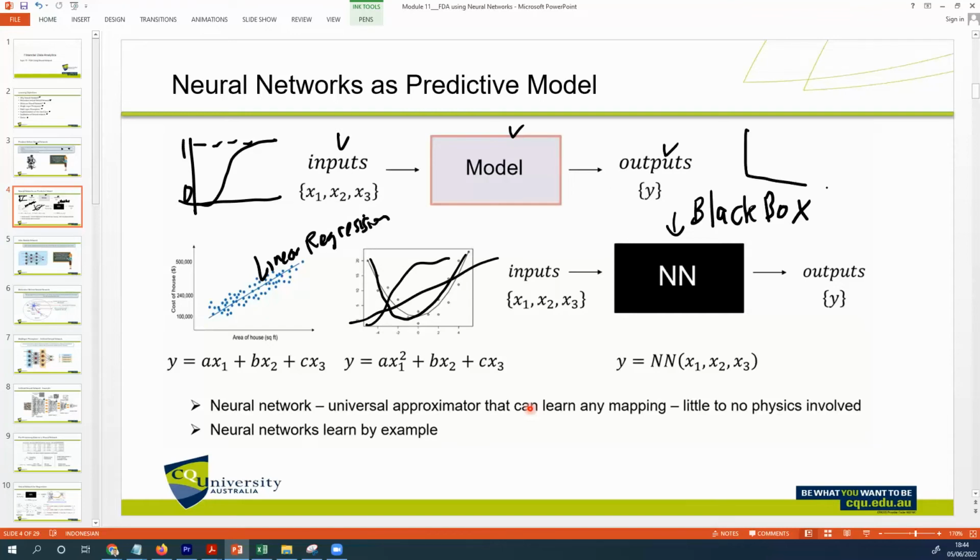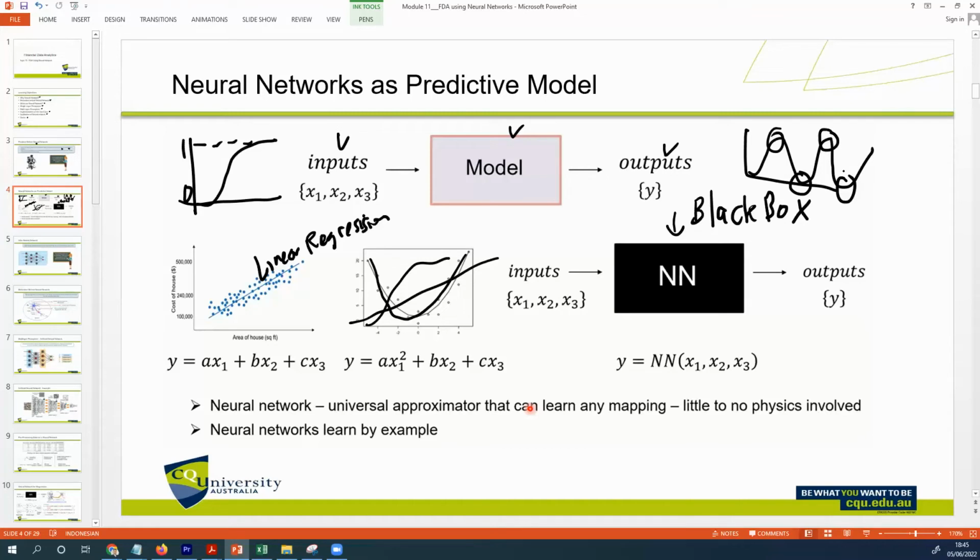Or even worse, the model can be like this. So the objective of neural network is to get a model that can be bent anywhere. You can bend it like this and this and this.